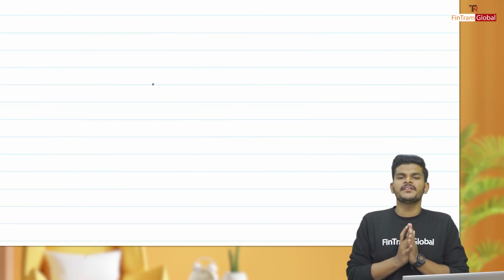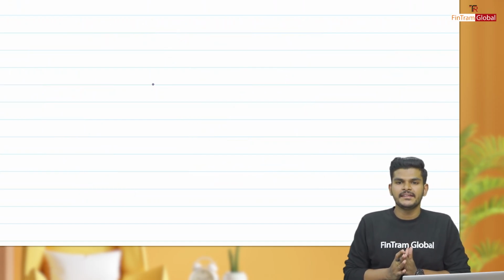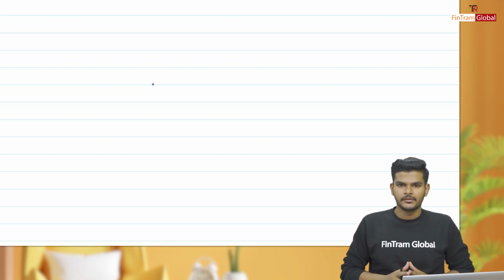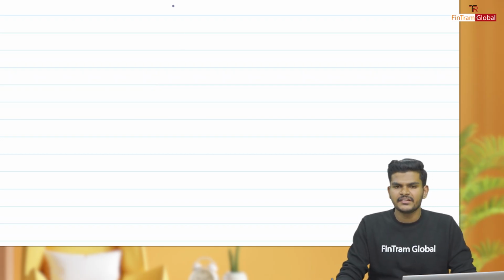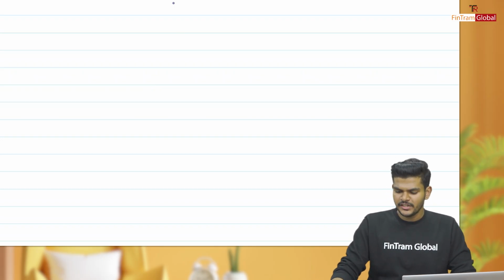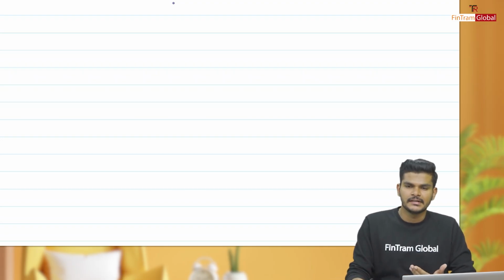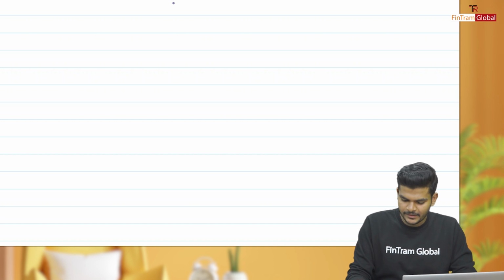So the next topic that we will be covering is in relation to strategy and planning. So what exactly is strategy? But before that, we need to understand how the overall process is conducted. Let me just write it down for you.